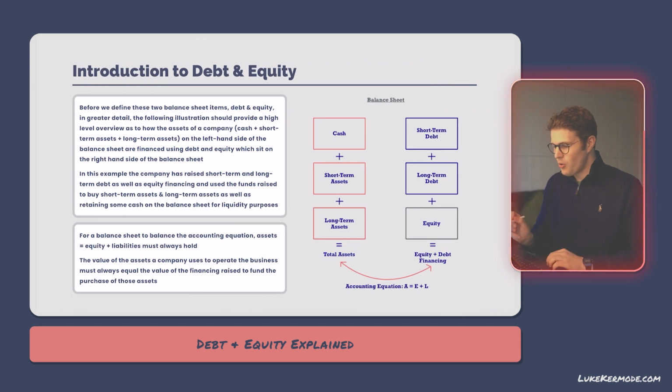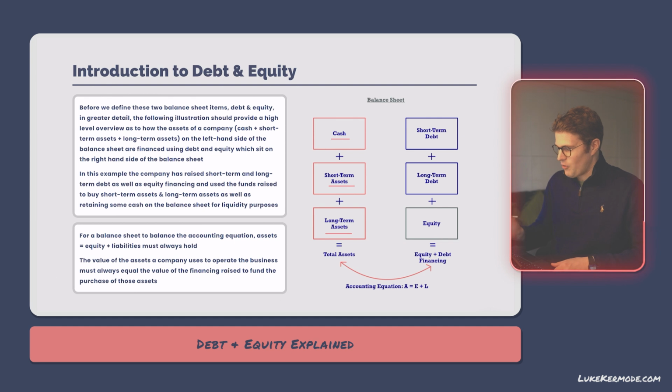Okay, so before we define these two balance sheet items, debt and equity, in greater detail, I've pulled together a very quick, simple balance sheet on the right-hand side of the slide, which provides a high-level overview as to how the assets of a company are financed using debt and equity. In this example, I've simplified the asset side down to cash, short-term assets, and long-term assets.